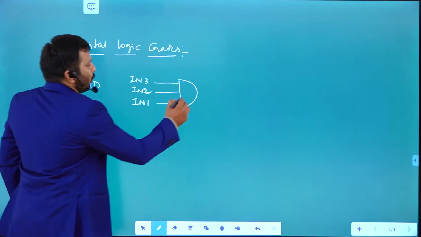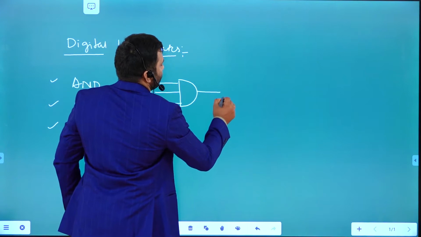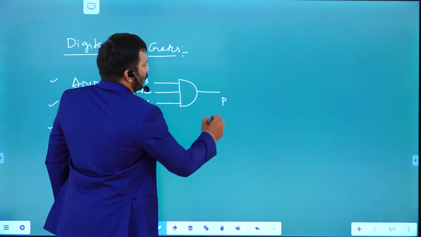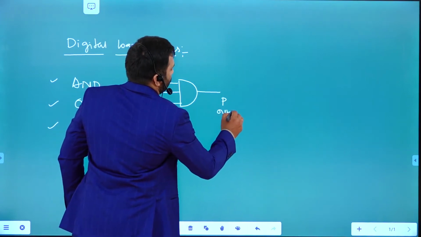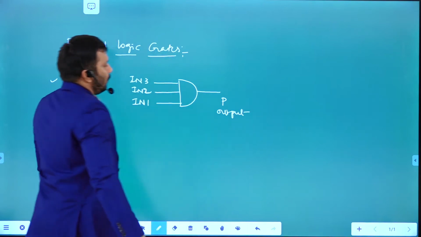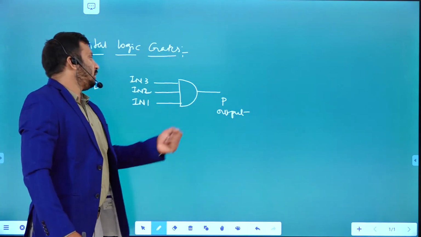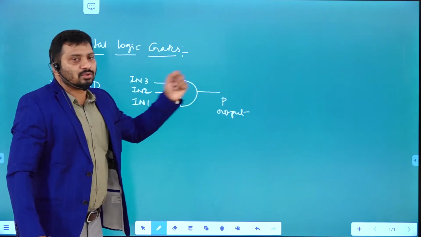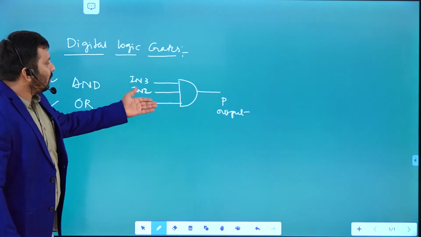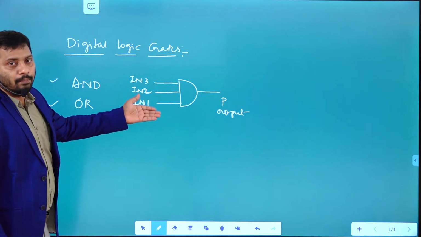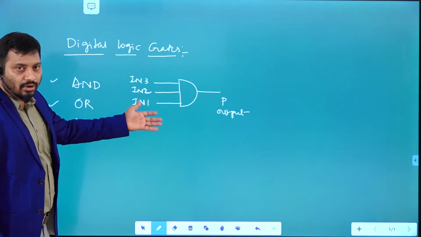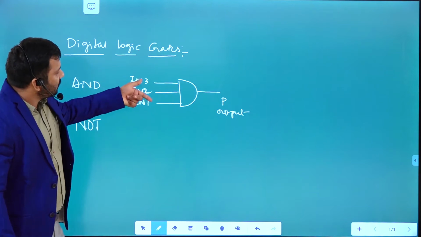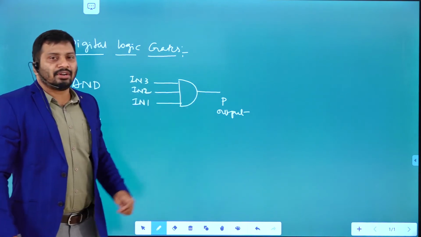The output, for example P, is going to be 1 only if all inputs are 1. This is the basic digital logic gate, and how it works: if all are ones, then the output is going to be 1.